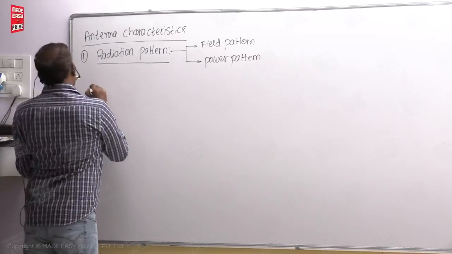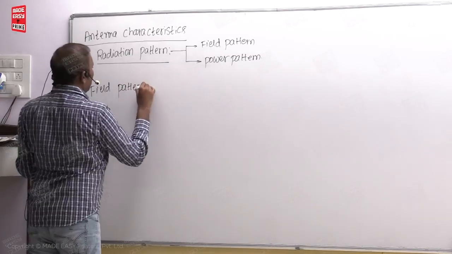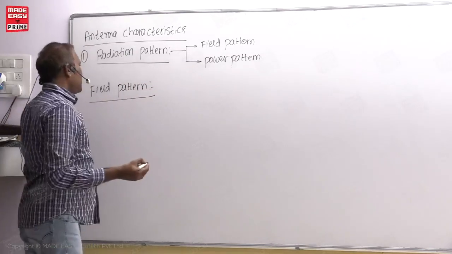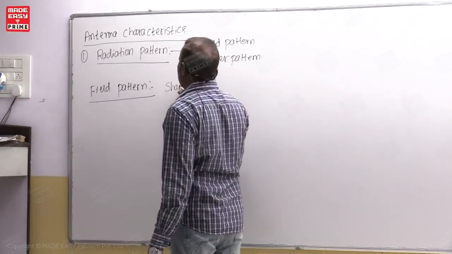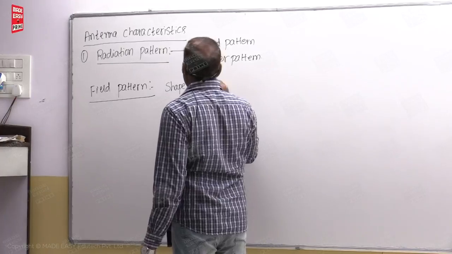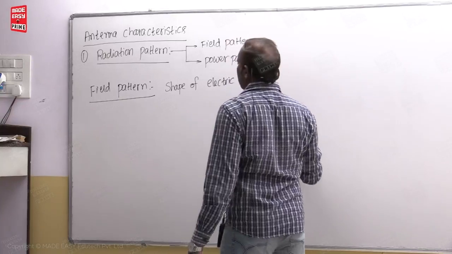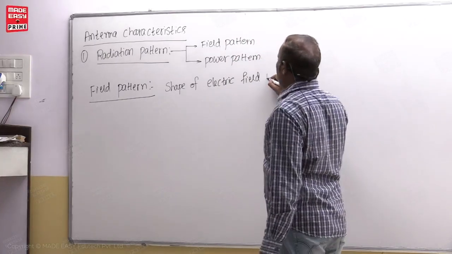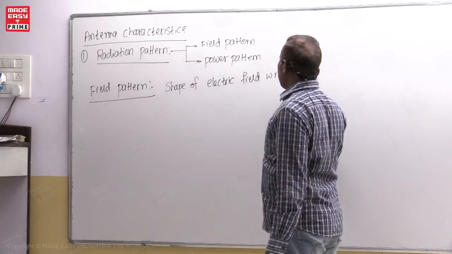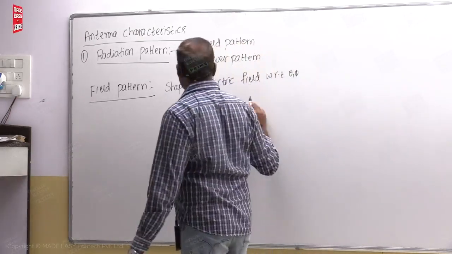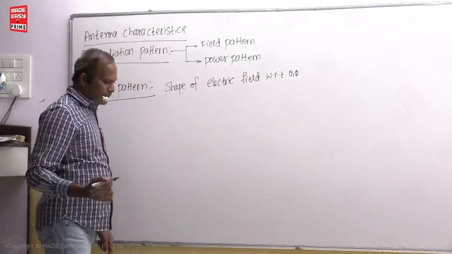Now field pattern means shape of electric field with respect to theta comma phi. With respect to theta and phi. With respect to vertical angle and horizontal angle is called field pattern.